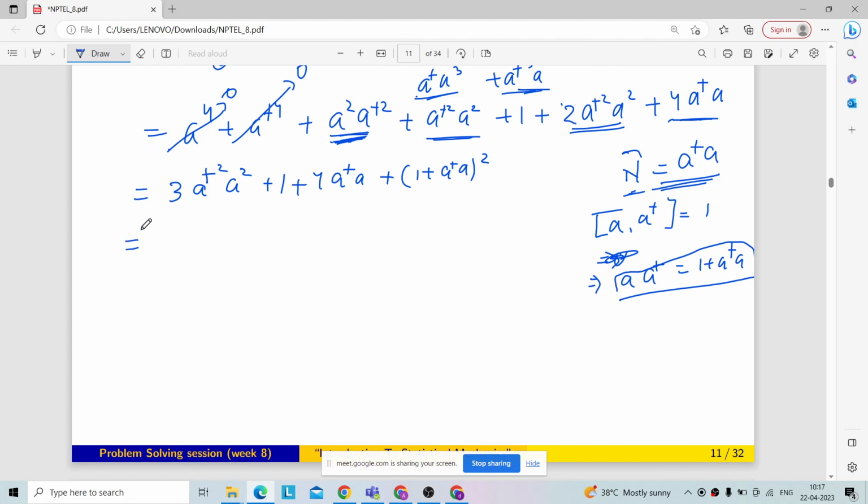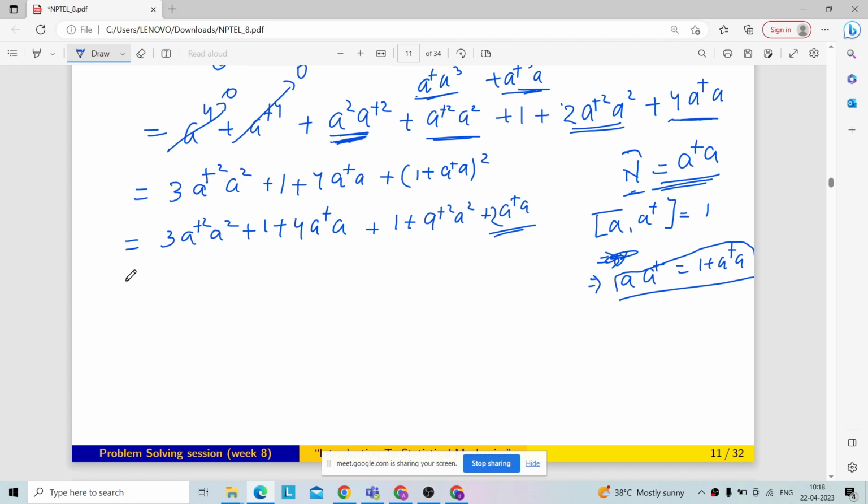I just have to find this term. So this is 3 a dagger square a square plus 1 plus 4 a dagger a, then this will be 1 plus a dagger square a square plus again, so this is a dagger a into 2. Okay. So now it's done.